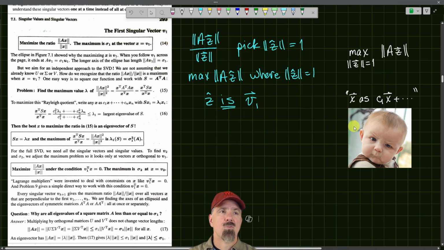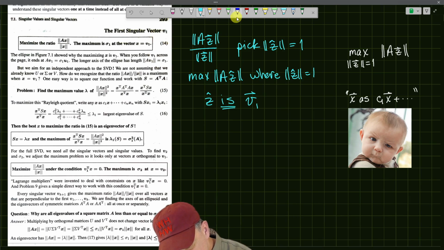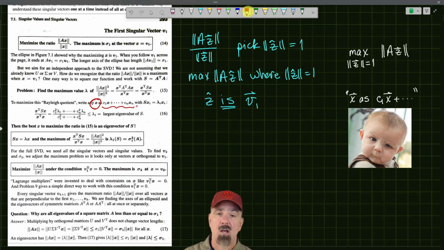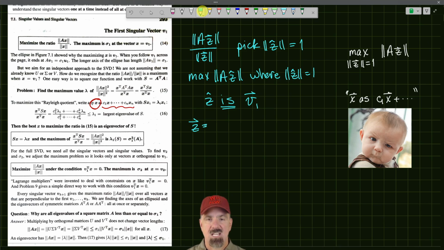The reason for the face is, and listen, this is just the way math textbooks are. I apologize, it's unfortunate. We have silly stuff like this, where Strang says, write any vector x as this linear combination of x vectors. That's ridiculous and hard to follow. What he's saying is, pick any vector z and write it as a linear combination of the x vectors.